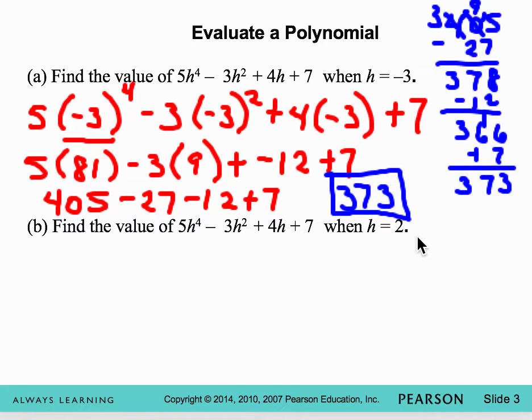Then it asks me to do the same thing except let h be 2. If I'm evaluating a polynomial, I just replace the variable with the information I'm given.